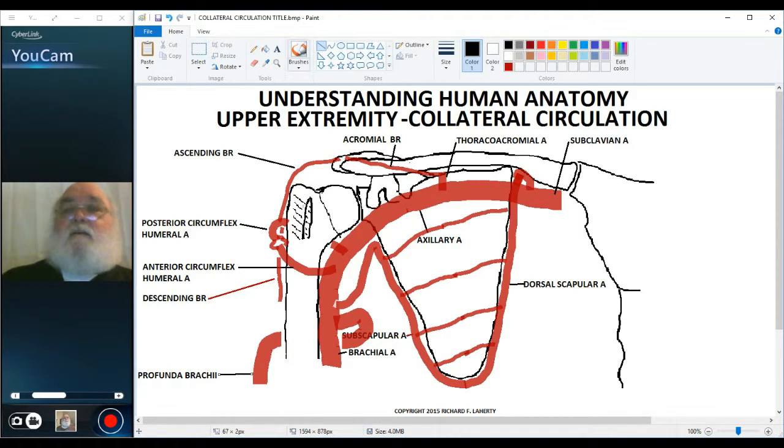And again, recall that profunda brachii has a deltoid branch that ascends to meet the descending branch from posterior circumflex humeral. So I just drew in the deltoid branch of profunda.